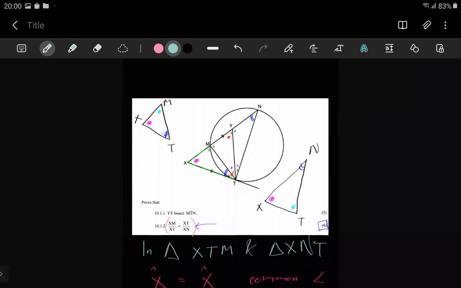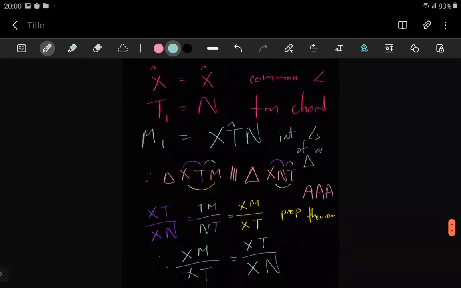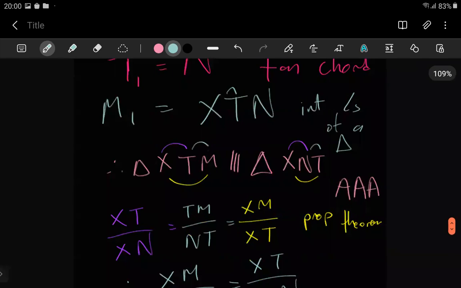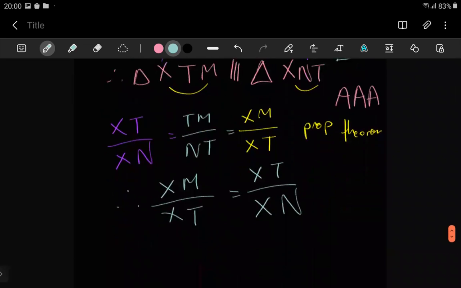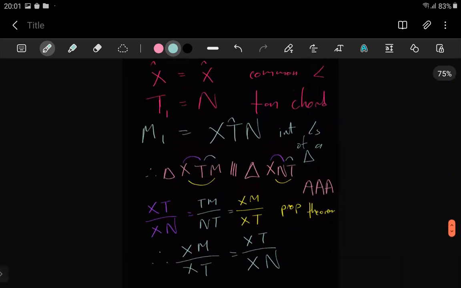So as long as we know which two pairs we're going to use, we can label our triangle that way. We labeled here XTM, and we labeled this one X and T. We proved similarity. After proving similarity, because we had labeled our triangles correctly, we were then able to write this out, and then come out with our answer over there. Then they'll give us 6 marks for that question.